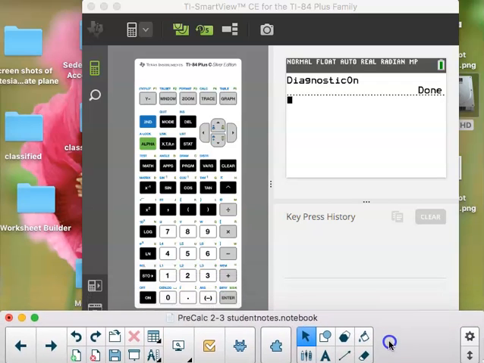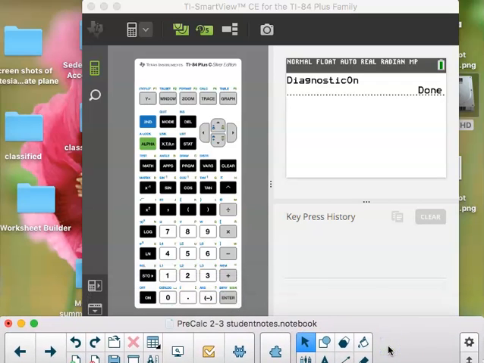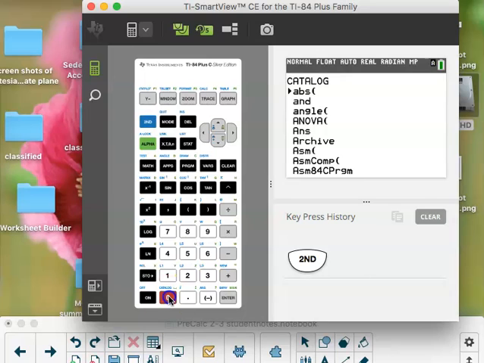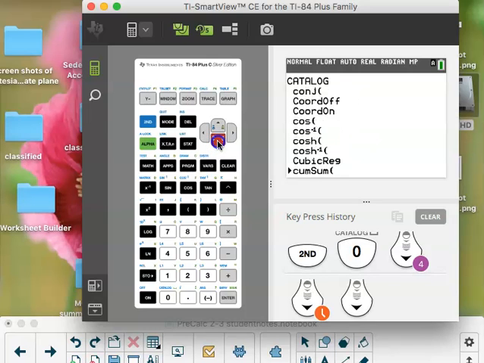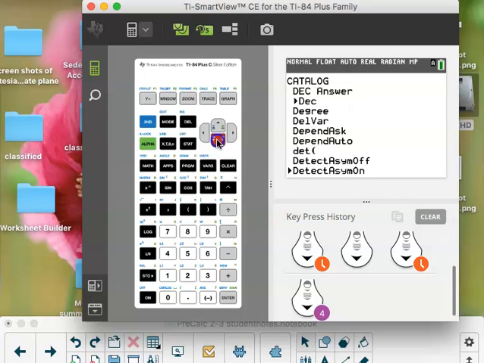So to turn your diagnostics on, remember you do second, 0, because that gets you to the catalog, and then we scroll down until we see diagnostics on. There it is.